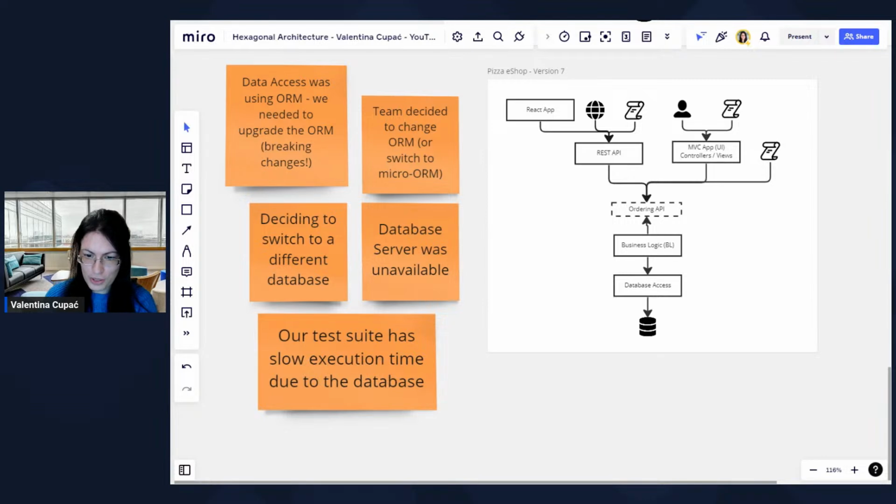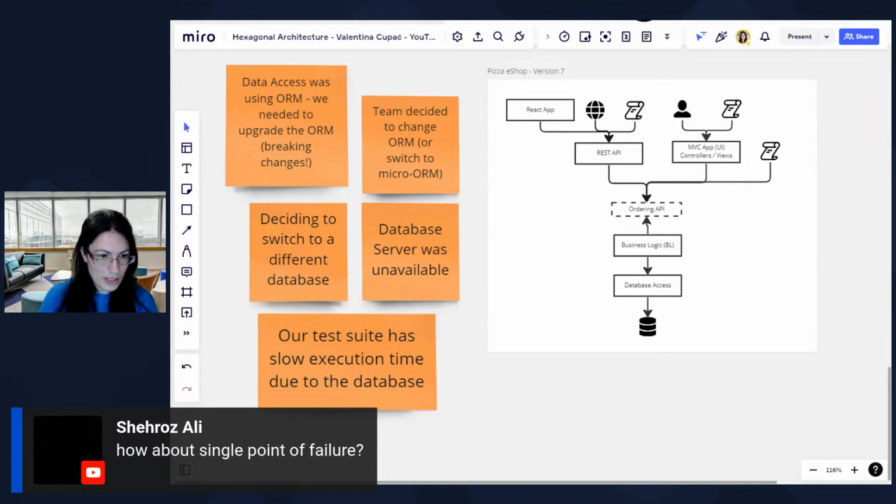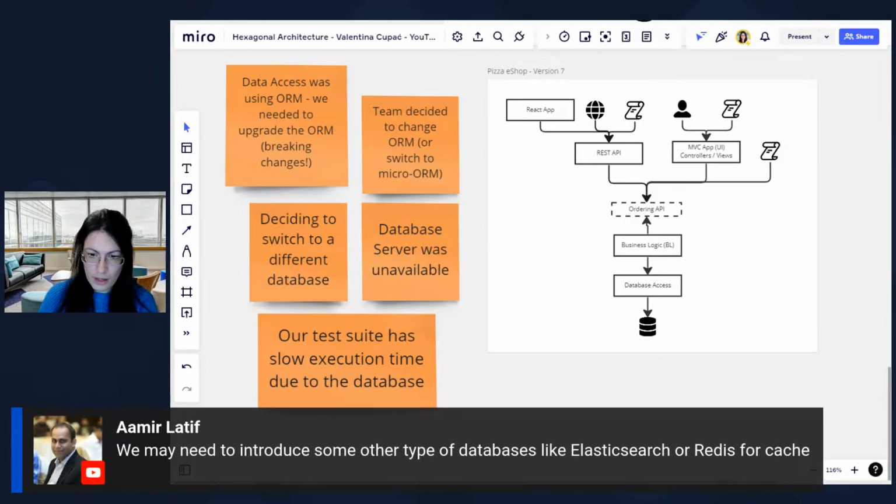Now, before I go on, let me see also the comments. So how about a single point of failure? Feel free to clarify, but my understanding is this relates to the database becoming a single point of failure and also a single point of blockage for the whole team. Yes, we may introduce some other type of database like Elasticsearch or Redis for cache. Exactly.